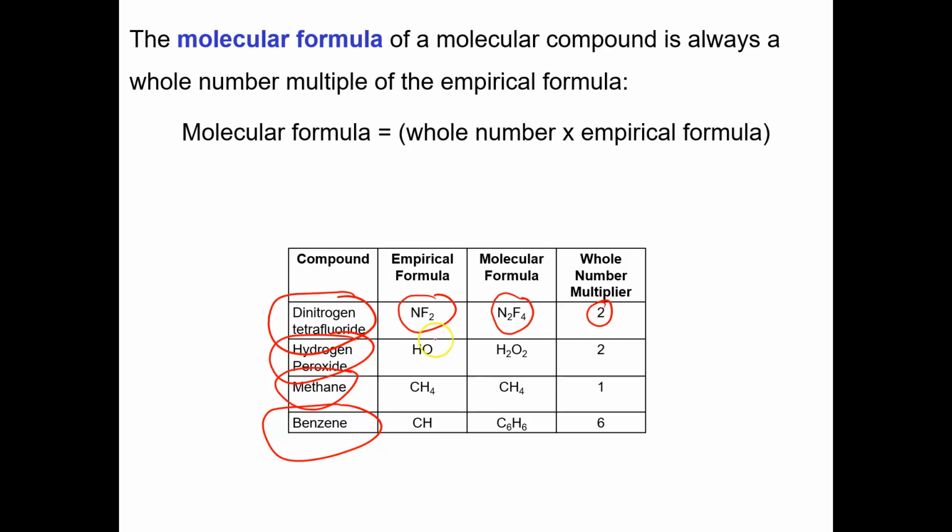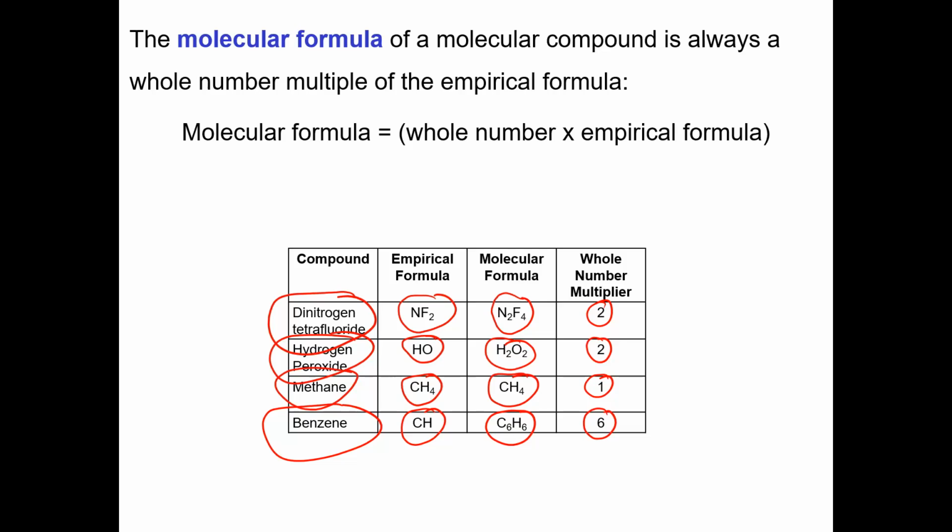Hydrogen peroxide, as we saw previously, has the empirical formula HO, but its molecular formula is 2 times the empirical formula and is H2O2. The empirical formula of methane is CH4, and its molecular formula is also CH4. So simply 1 times the empirical formula. The empirical formula of benzene is CH, but its molecular formula is 6 times that, which is C6H6.